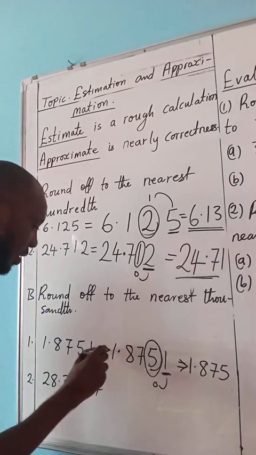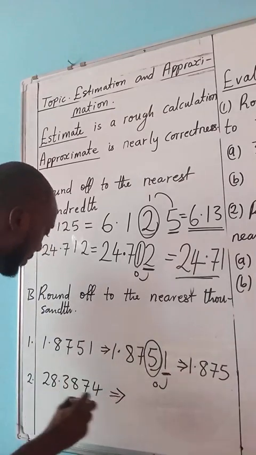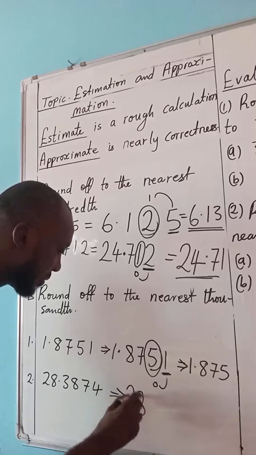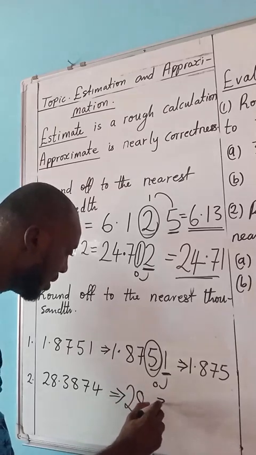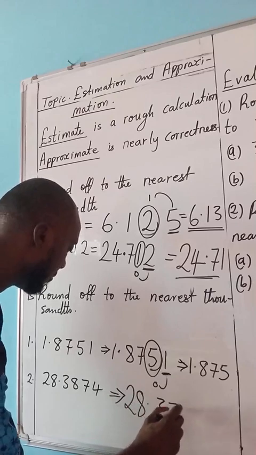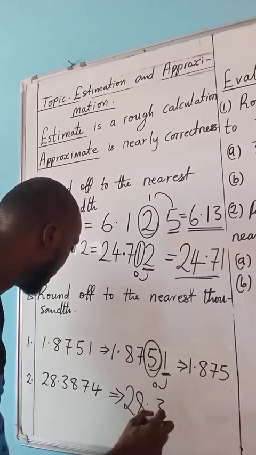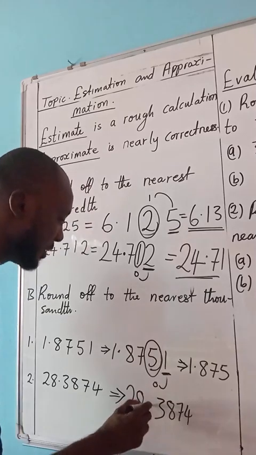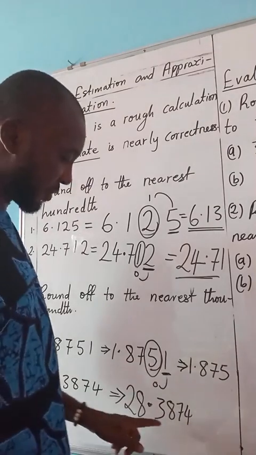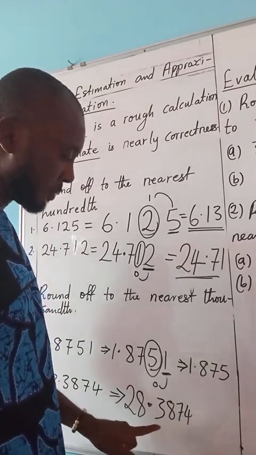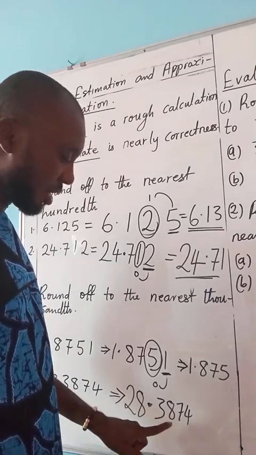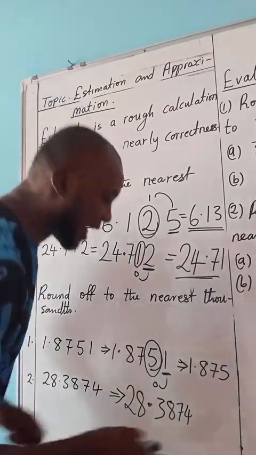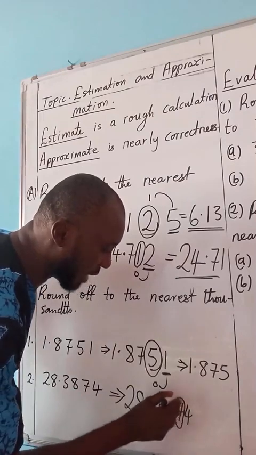Now let's look at the second one. We have 28.3874. Now after the decimal points, we have 3874. 3 is in tenth place, then hundredth place, and thousandth place. And remember, the thousandth place is the one we are rounding off.